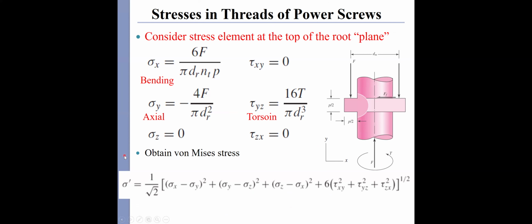If you still remember, we already covered the stress envelope, the envelope to define the safety factor based on each criterion: the distortion energy method, the maximum shear stress, and so on.